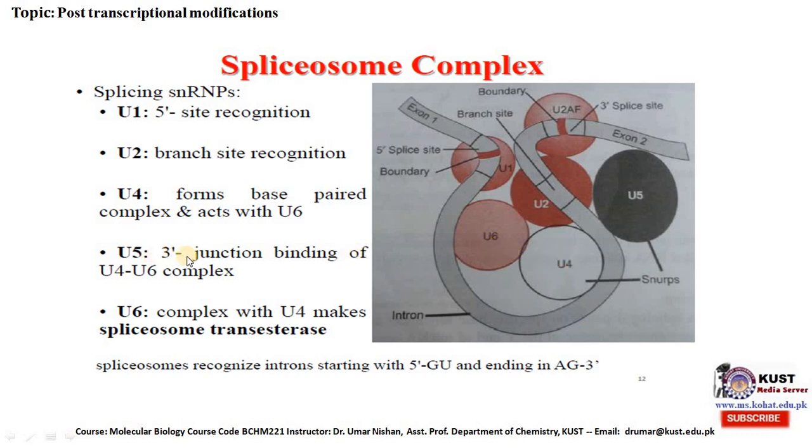U5 is 3' junction binding of the U4 U6 complex. U6 complex with U4 makes the spliceosome a transesterase. The spliceosome recognizes introns starting with 5' GU and ending in AG 3'.